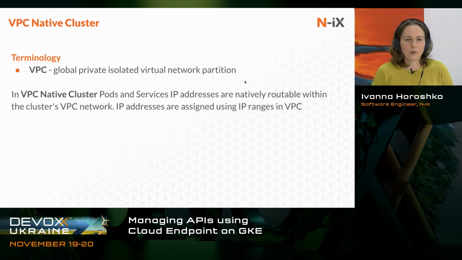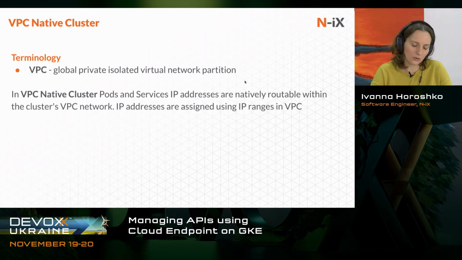And now in a VPC Native Cluster, pod and service IP addresses are natively routable within the cluster VPC network. What it really means is that IP addresses are assigned using IP ranges in the VPC. So when you define your network, you say, okay, if I'm creating a VM in US East 1, please give me an IP address from this range.